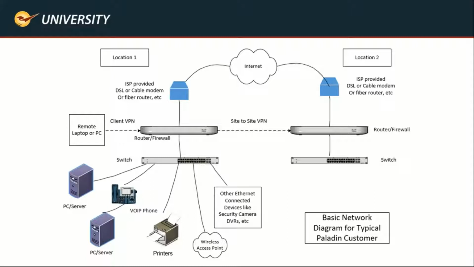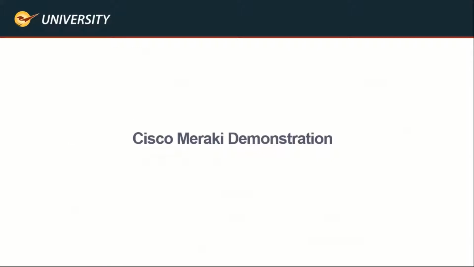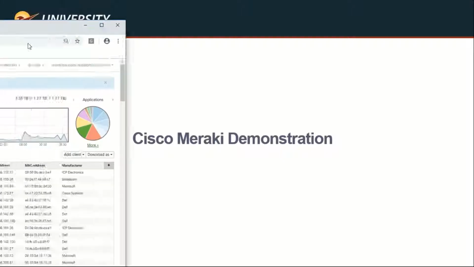So you can be at your home, you can be at your lake house, you can be in Timbuktu. As long as you have an internet connection, you'll be able to access Paladin using that client VPN connection. So that's networking 101. So from here, we're going to take a look at a demo of the Cisco Meraki Dashboard.